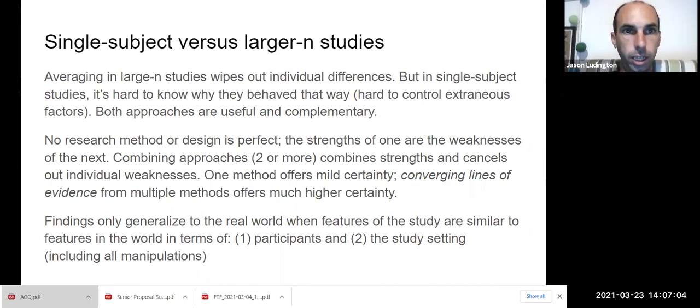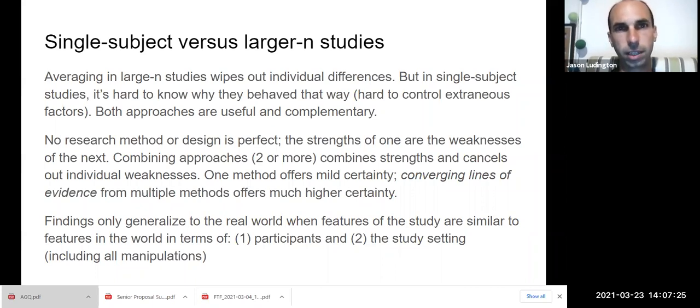Averaging in large N studies wipes out individual differences. So when we read most psychological science articles, they use large N groups.